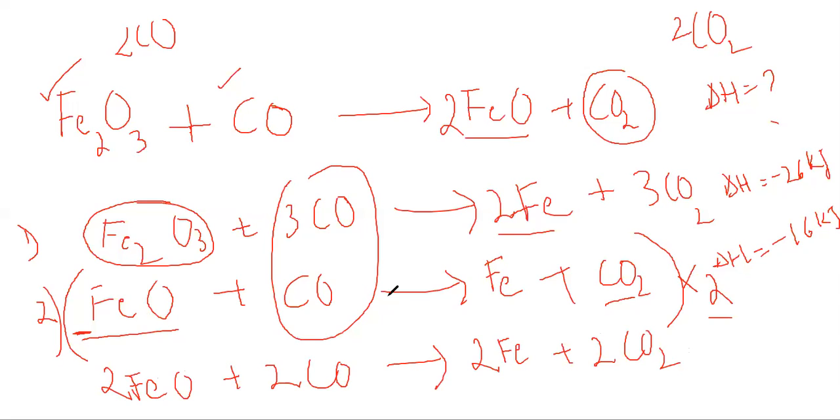If you are multiplying the equation, then enthalpy will also be multiplied. So enthalpy is minus 16. You have to multiply this with the 2. So 16 to the 32. So now new enthalpy is minus 32 kilojoules. Clear? If you are multiplying the equation, you also multiply the enthalpy.